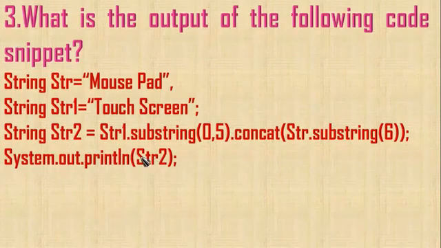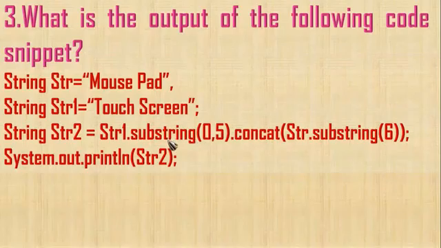So we have to calculate what str2 is. str1 dot substring of 0, 5. 0, 5 means it will start from the 0th index up to the 4th index, and it will take all those characters. Here str1 is touch screen. If you see 0, 1, 2, 3, 4, up to 4 characters it will take.